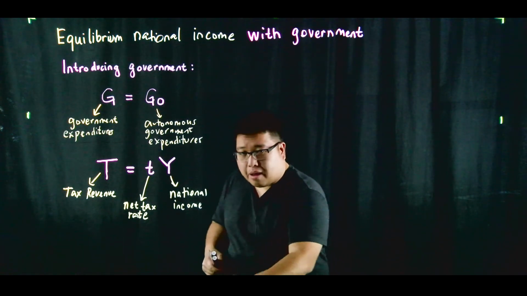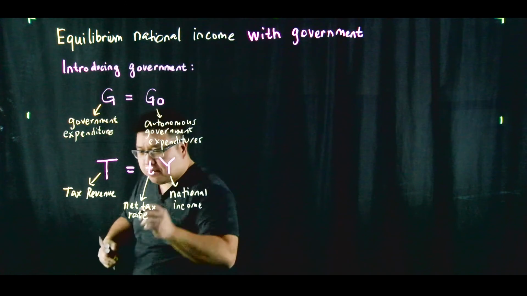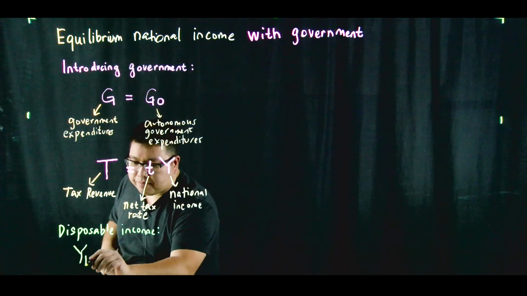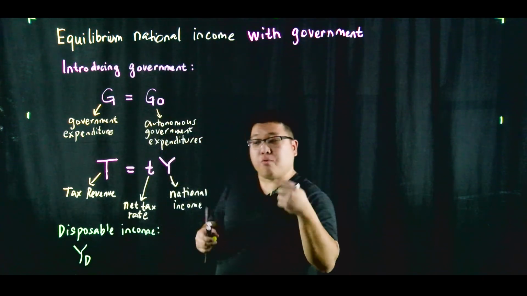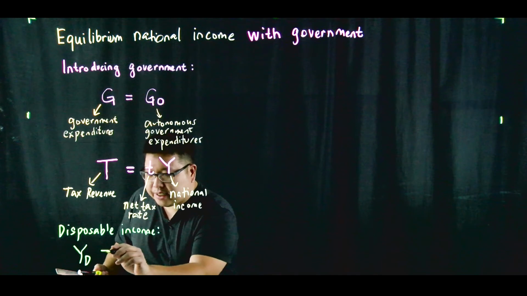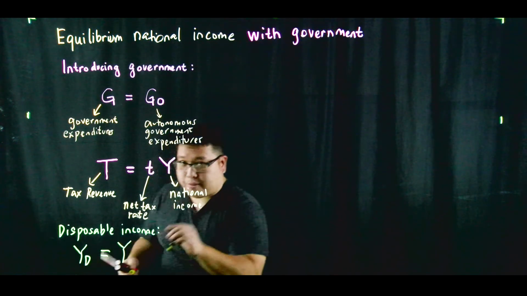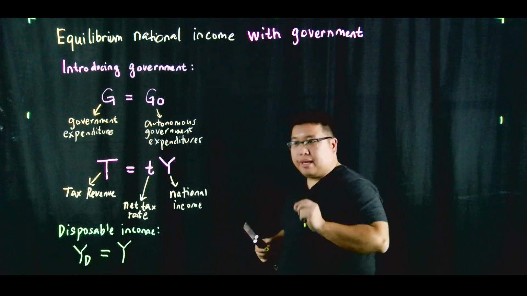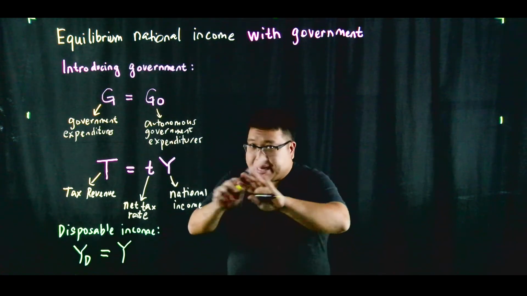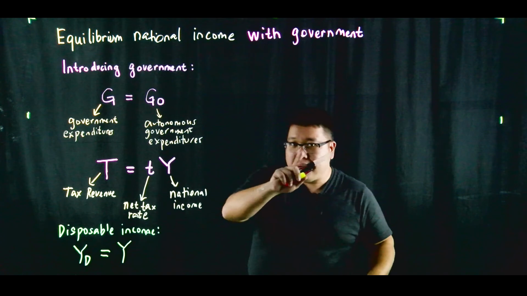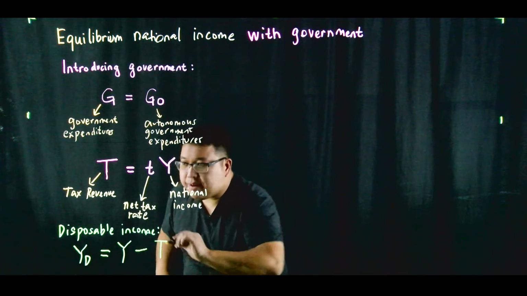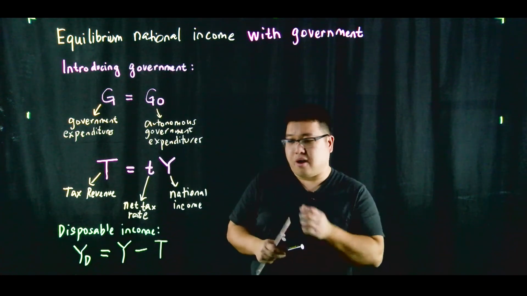Let us recall disposable income, which we call YD. From our previous videos, we assumed that YD equals Y. But with government, it's not the case anymore, because it will be the difference between national income and the tax revenue collected by the government.